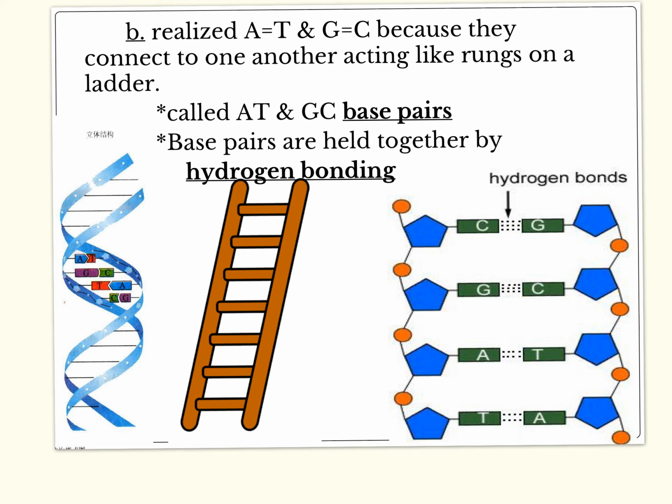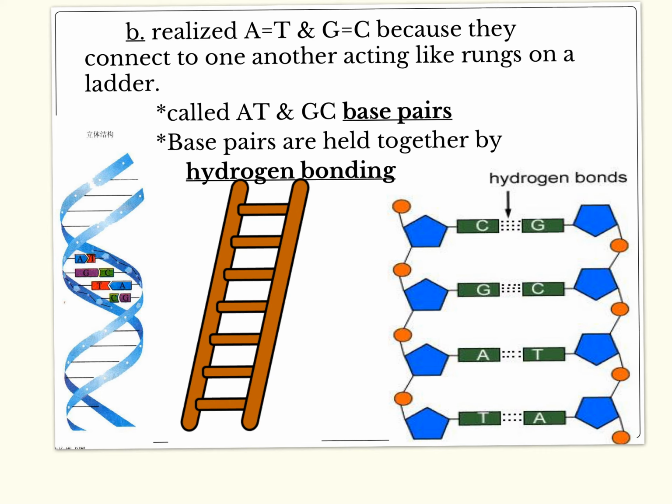As you can see over here, the rung is shown in this image. You can see the C's and G's are connecting to each other, and that's making one of the rungs. The G and C here connecting to each other, that's another rung. AT, that's another rung. TA, that's another rung.